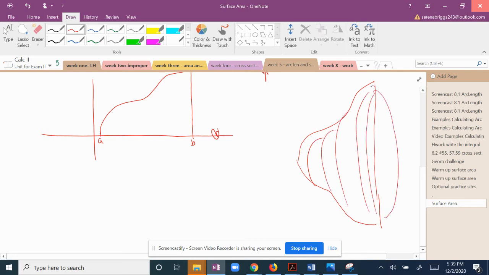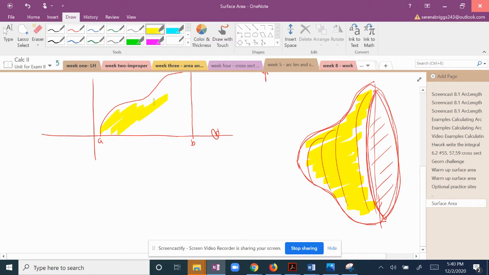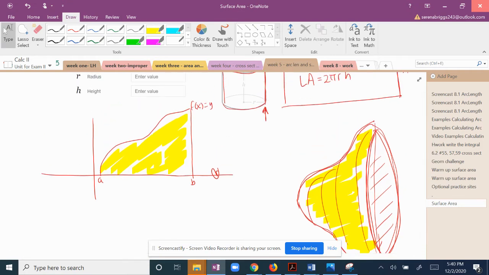I'm not talking about finding the area on that circle side. I'm talking about just the sides, the lateral sides, which I'll shade in yellow, and not the circle part on the end. That's what we're going to call the surface area of revolution.